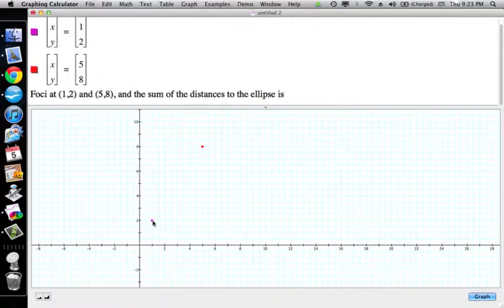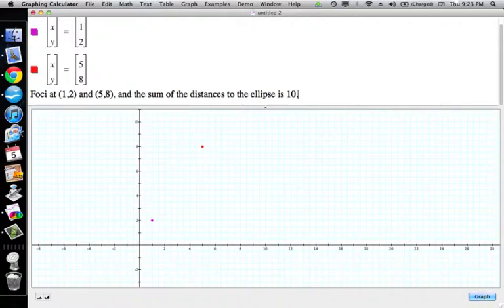That distance there is 4 squared is 16, and 6 squared is 36. 16 plus 36 is 52. So it's got to be at least more than 7. So let's make it 10. Okay, and the sum of the distances to the ellipse is 10.